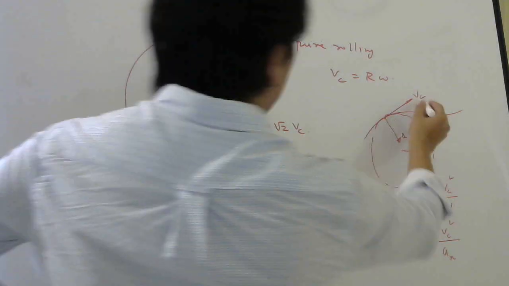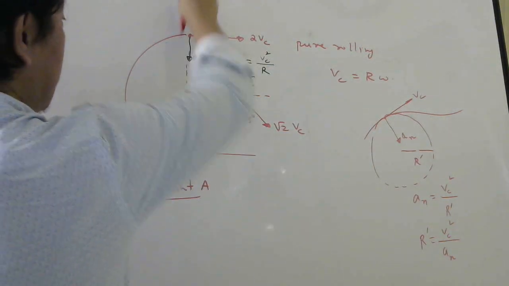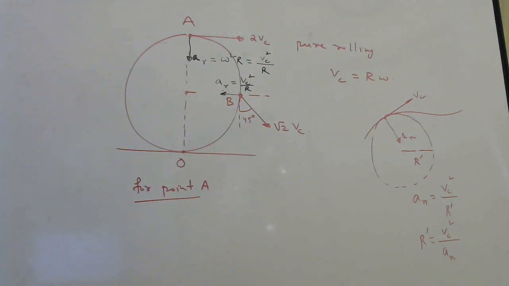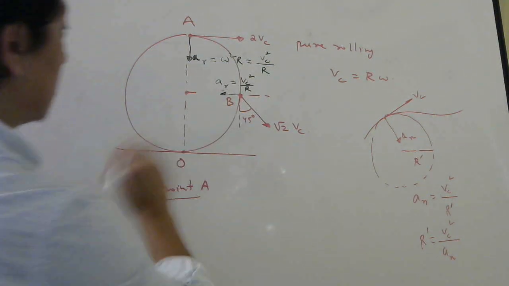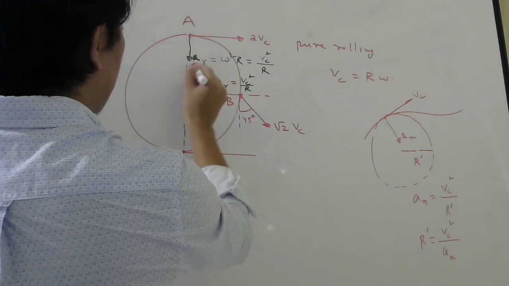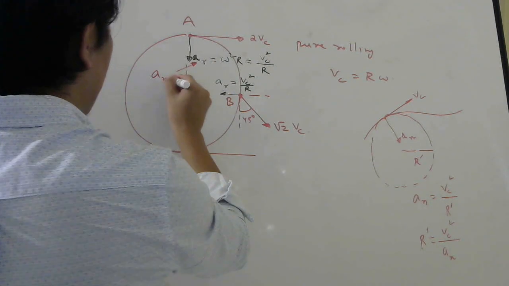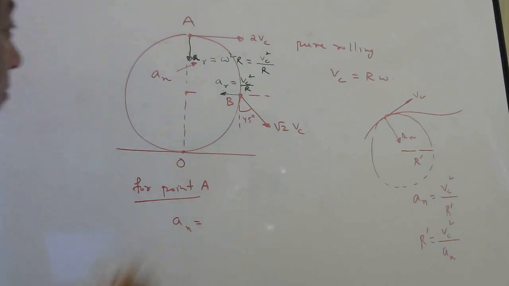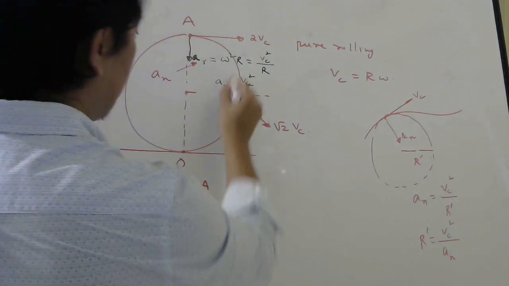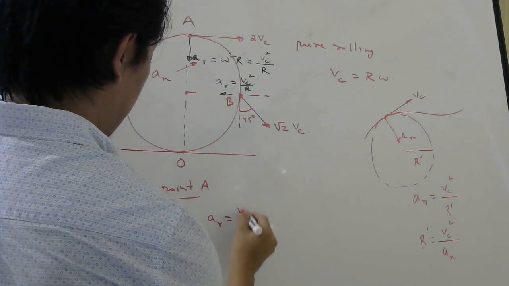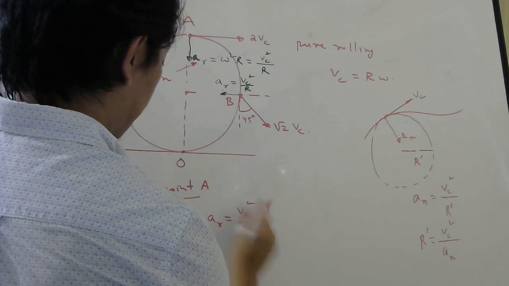So this velocity is 2Vc, and acceleration is Vc square by r, and that acceleration is perpendicular to velocity. So this itself will be your normal acceleration. Normal acceleration means acceleration perpendicular to velocity, which is this itself. So it will be your AR, which is Vc square by r.